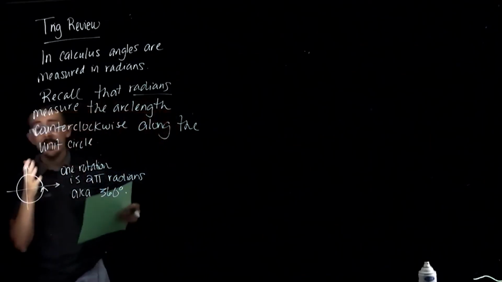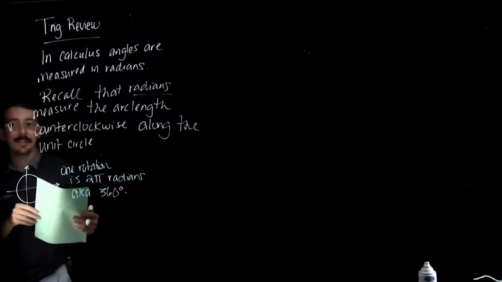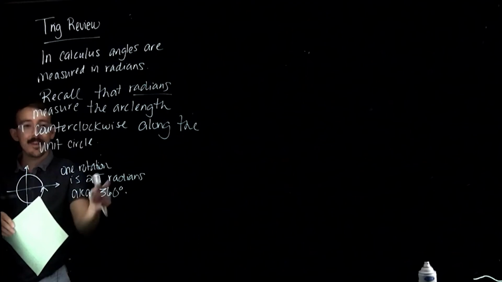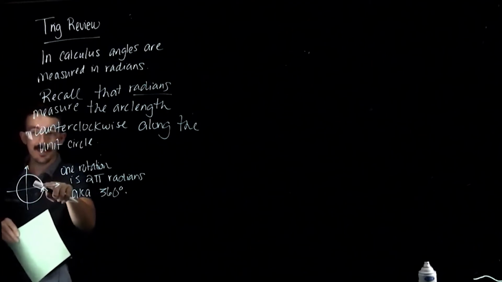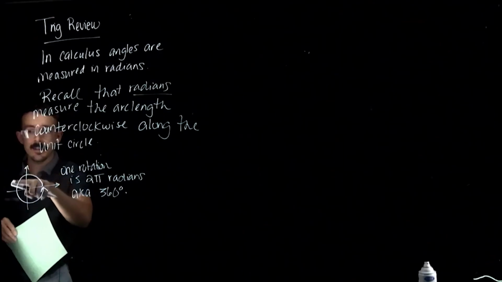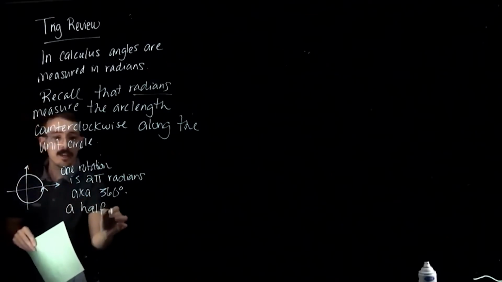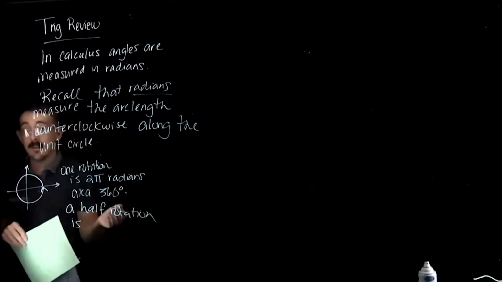So to get any other radian measure or degree measure, all you would need to do is chop this up. So for example, if I started from the beginning here and rotated halfway, a half rotation, how many radians would that be?